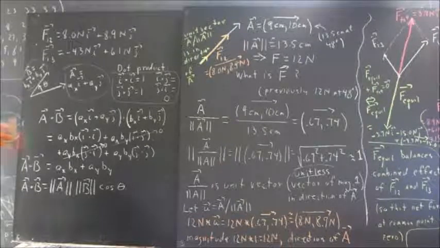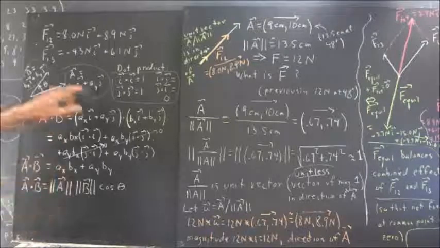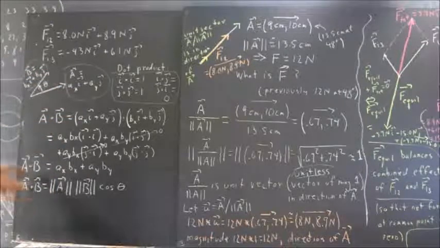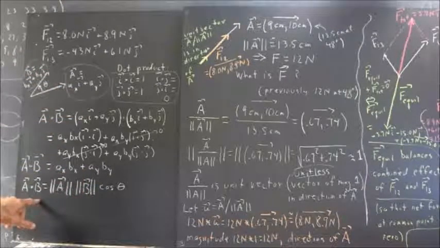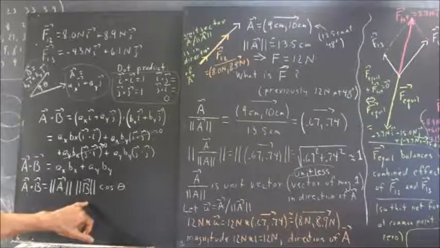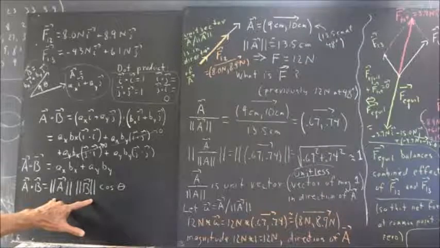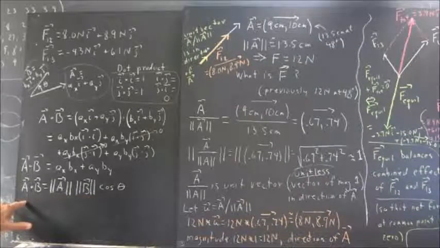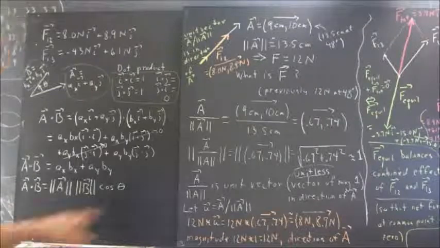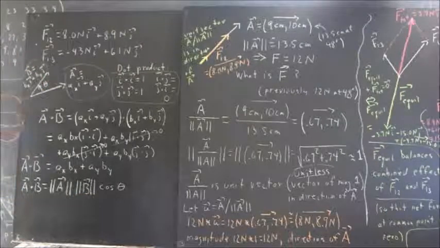So if we know the components of the two vectors, we can easily calculate A dot B and the magnitude of A and the magnitude of B, which means that just by dividing both sides by the product of these two magnitudes, we get the cosine of theta, and then we can easily determine theta, the angle between two vectors.